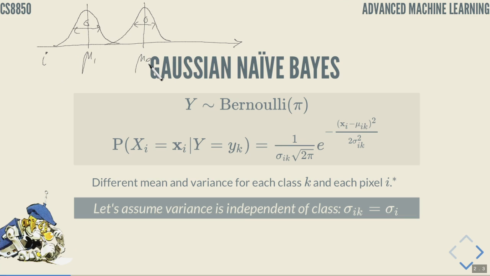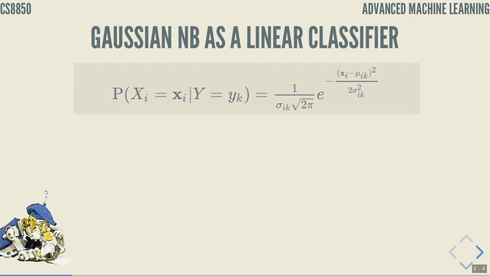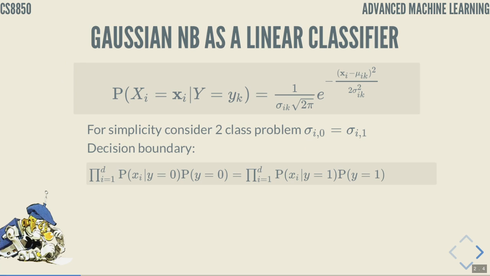So let's make that assumption for simplicity. That will be useful for us. Repeating, just so you see it on the slide: the likelihood is a one-dimensional Gaussian, but now the variances for the two-class problem are the same for each class.